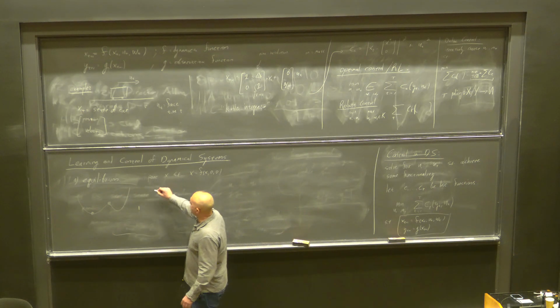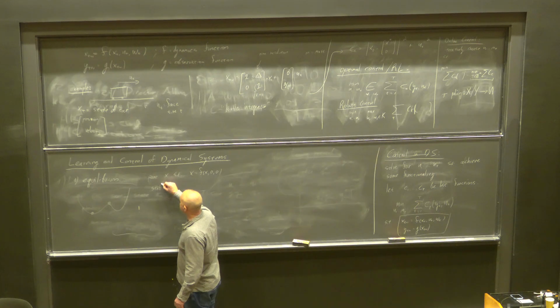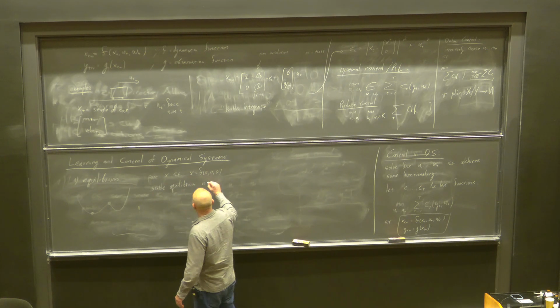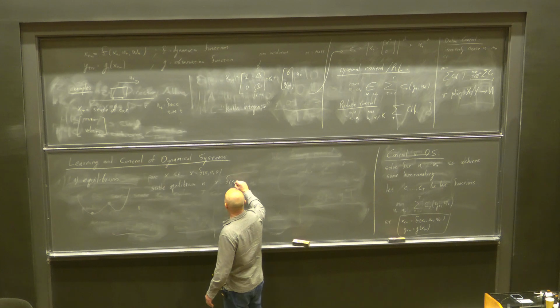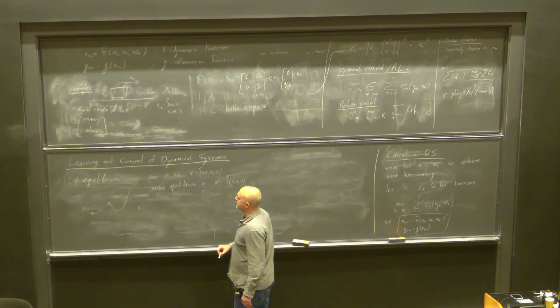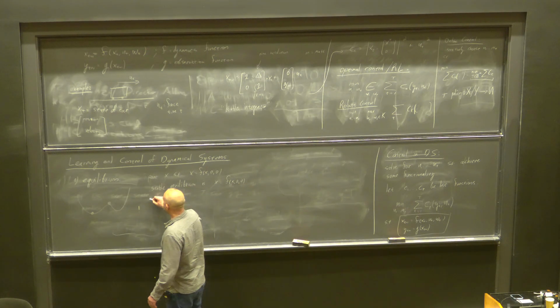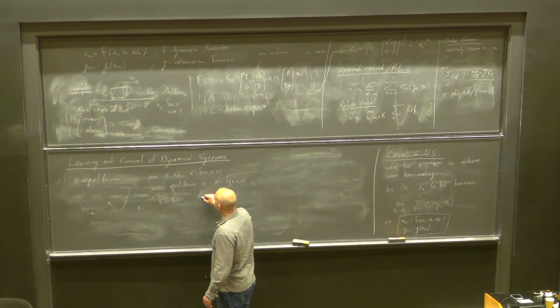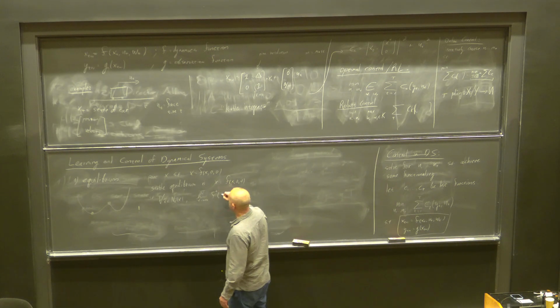So we say a stable equilibrium is x equals f of x, 0, 0, such that for all x tilde in some epsilon neighborhood, a small neighborhood of x, we have that the limit as t goes to infinity of f to the t of x tilde is x.